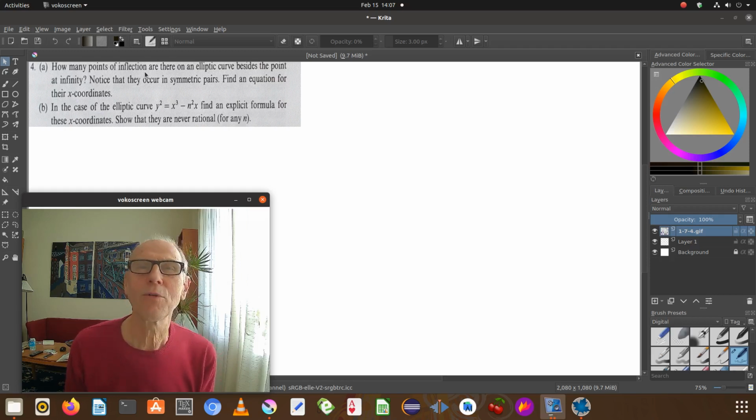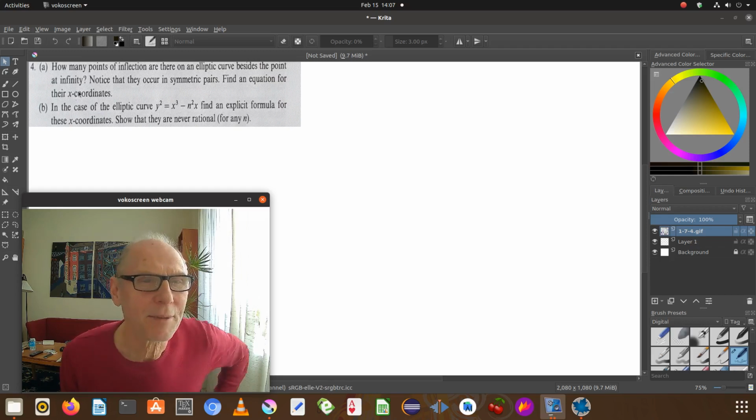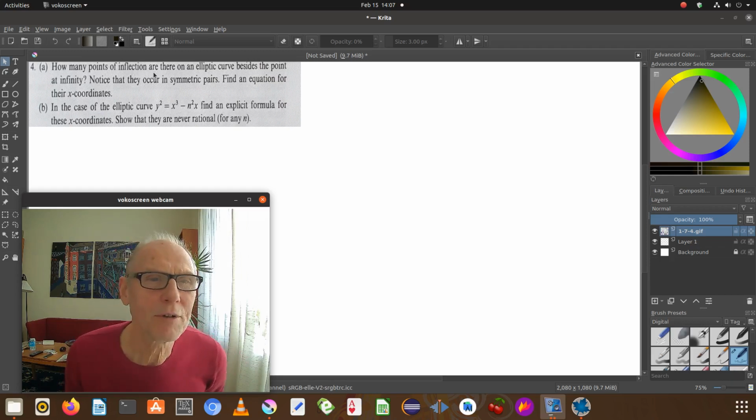Maybe I only thought about that because I had seen this word sometime earlier. But who cares? So there are 8 other points of inflection. We already have noticed that the point of infinity is a point of inflection.